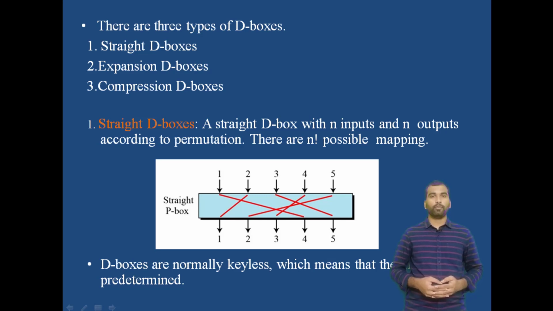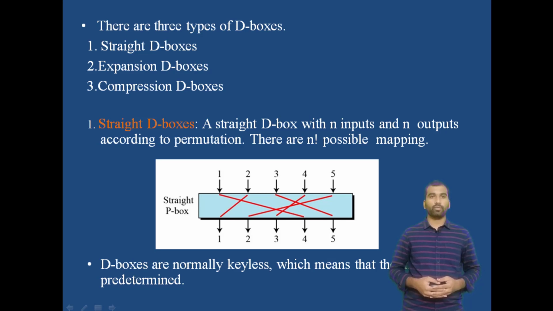We have 5 inputs. Those 5 inputs will be forwarded to the P box and mapped to 5 outputs. Those mappings are predetermined.